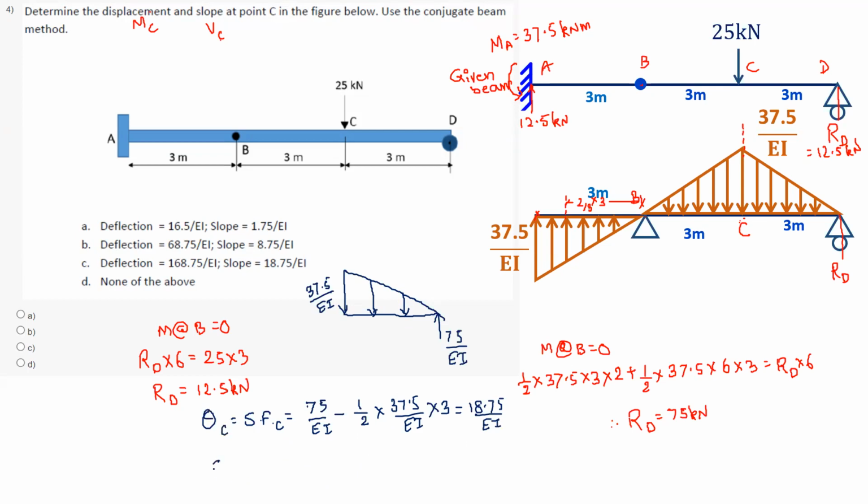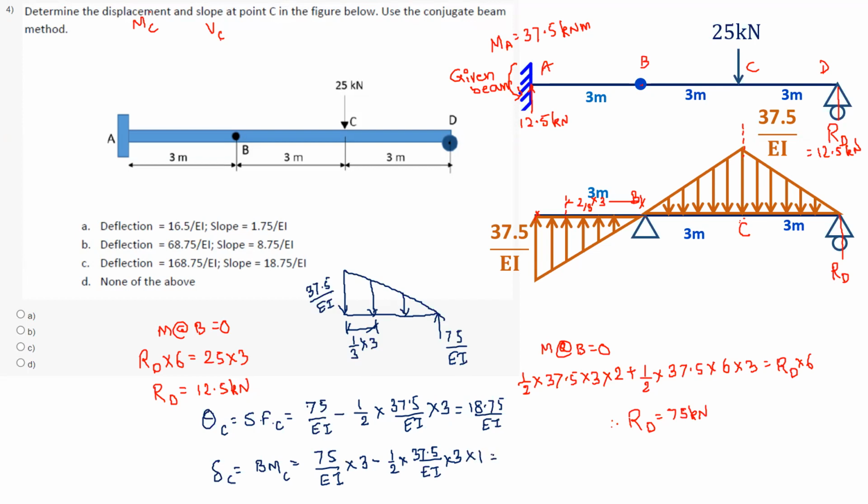Now we go to delta C, which will be the bending moment at C, equal to 75 upon EI due to reaction into 3, minus, as it is, 1/2 into 37.5 upon EI into 3. Now we have to find the distance of the centroid from this, which will be 1/3 of 3, so it will be 1 meter, into 1.